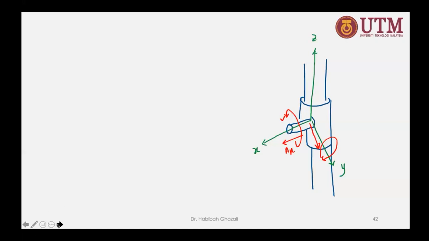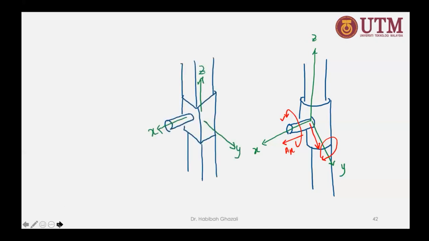Okay, so another example. So now I have this sleeve here. This sleeve now is in a square shape. So I have this pipe here. I now try to move it in X direction. I grab it, I try to move it in X direction. No, it cannot. So it will prevent it from moving. It's also going to prevent it from rotating in the X direction.